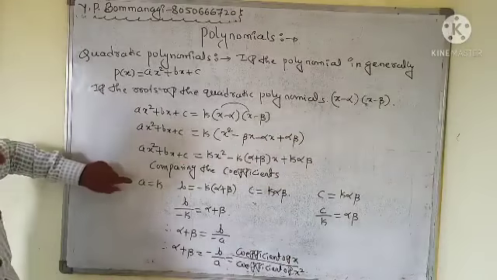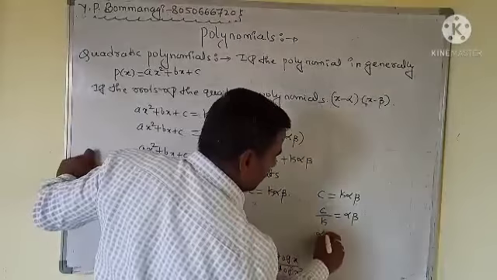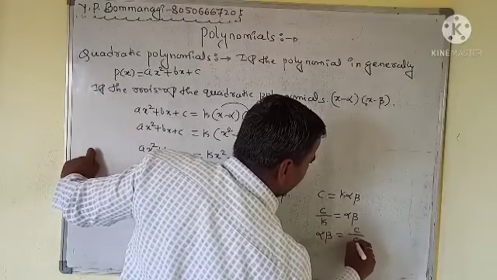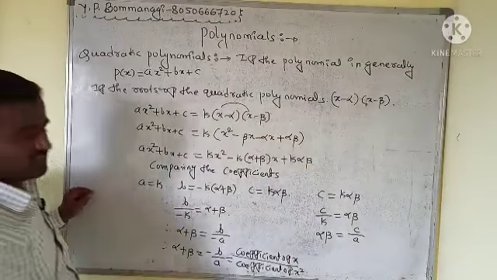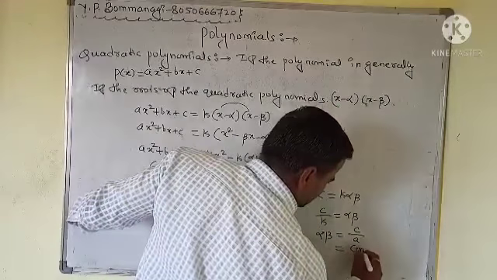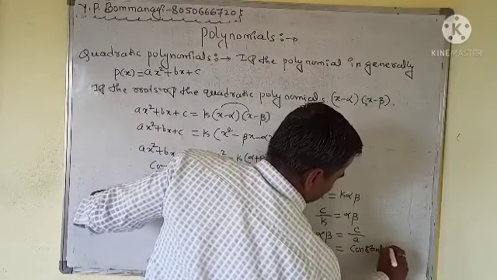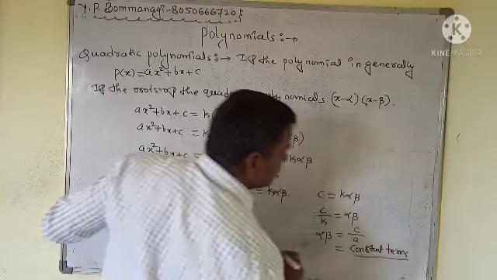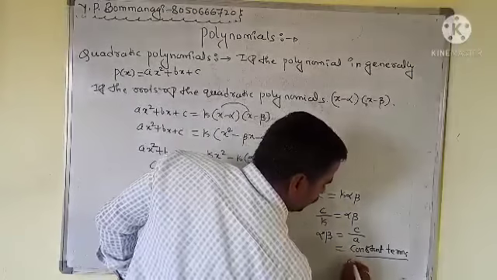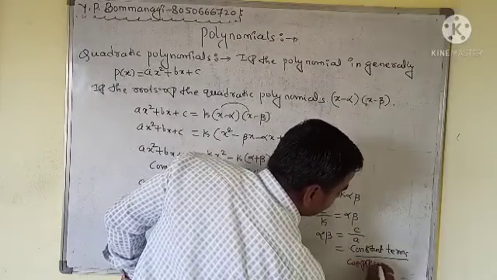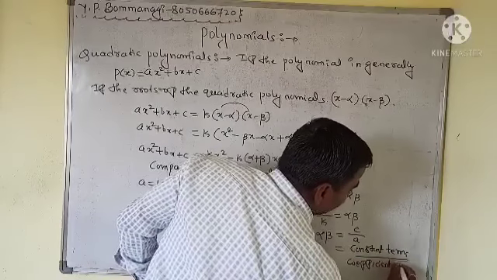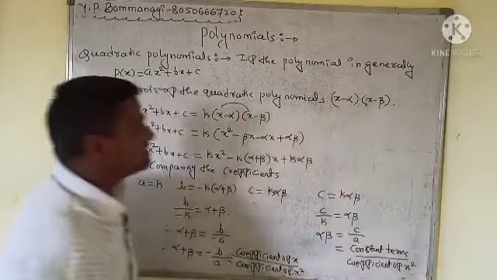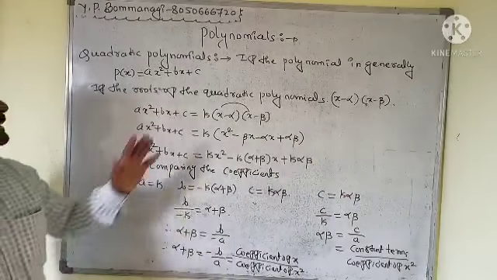What is k? Here alpha beta is c by a. What do you mean by c? C means the constant term, and a is the coefficient of x square. Hence a most important equation.